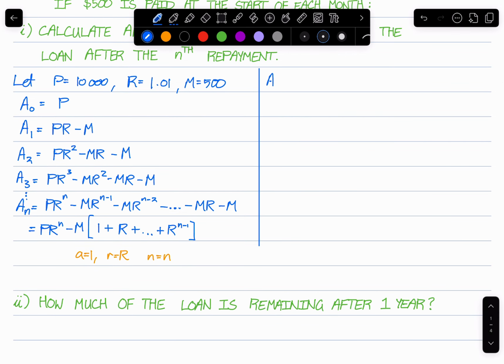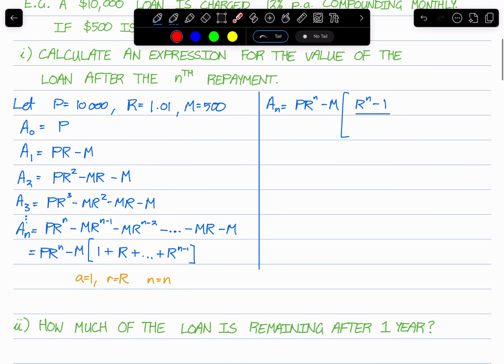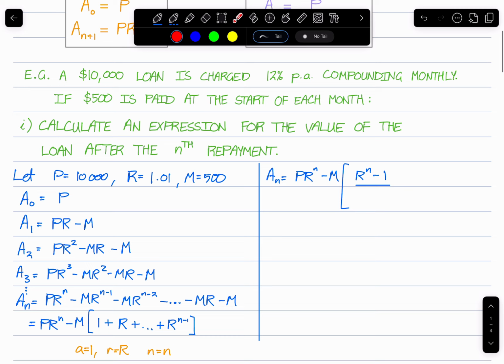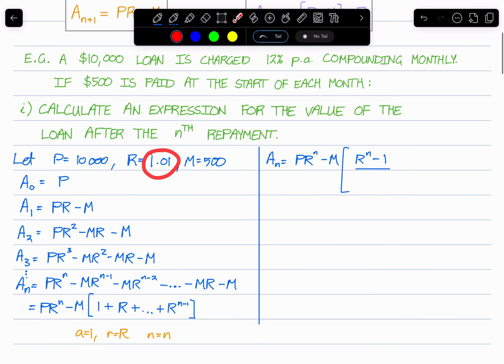So from here we can write A of n equals PR to the power of n minus M, using the sum of a geometric sequence, we get R to the power of n minus 1, over, and for this one, I'm going to substitute 0.01 into this. So R is actually 1.01, so 1.01 minus 1, which, as I stated, is simply 0.01.